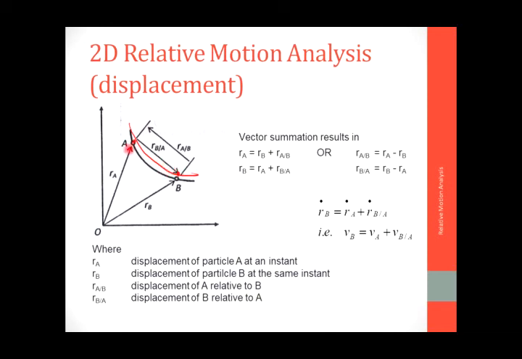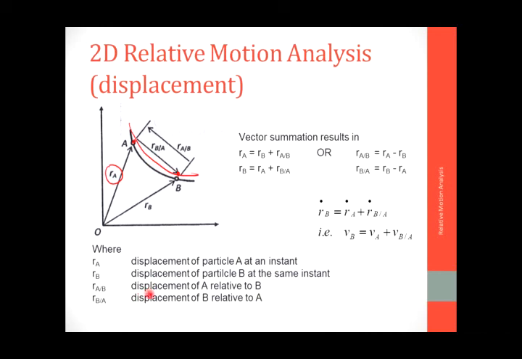For example, the displacement of particle A at an instant is RA, because the reference is the point O, and RB is the displacement of particle B at the same instant.